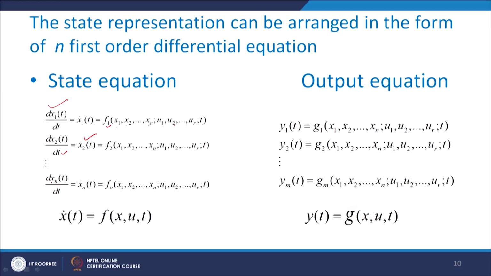Similarly, dxn by dt, that is xn dot, is also a function of x1, x2, xn, u1, u2, ur, t. Finally, this is represented as x dot of t equals a function of x, u, t.